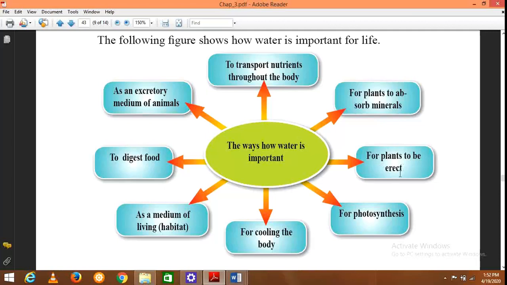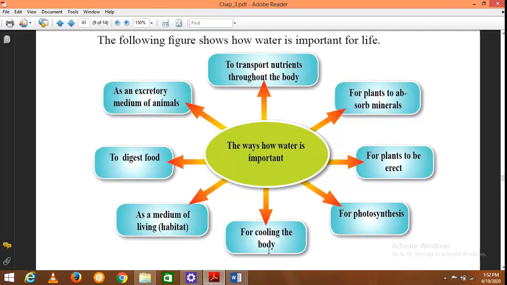Then for plants to be erect, the plant cells are provided with rigidity when there is water. Then for photosynthesis, in the first unit you learnt about photosynthesis. Water is one of the external factors which are needed for photosynthesis.